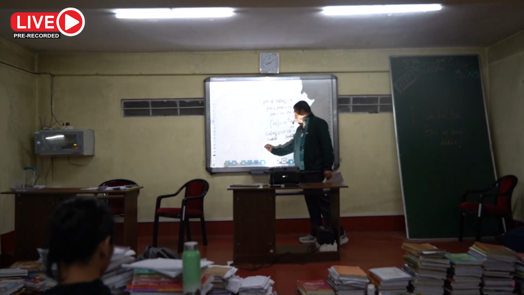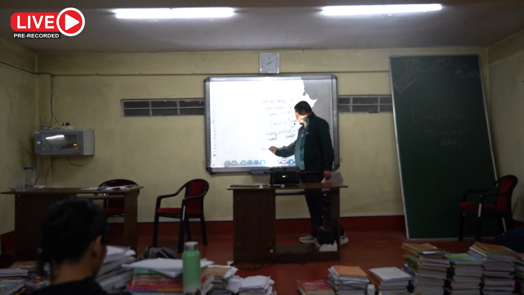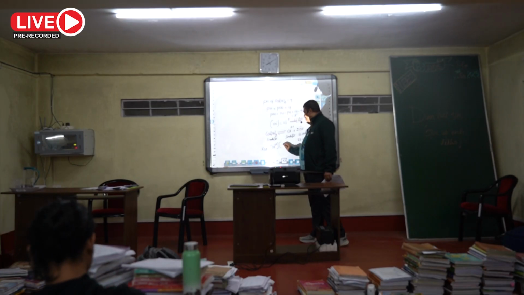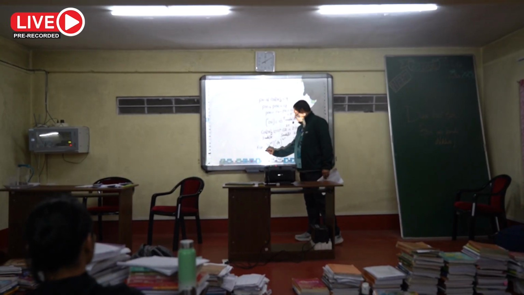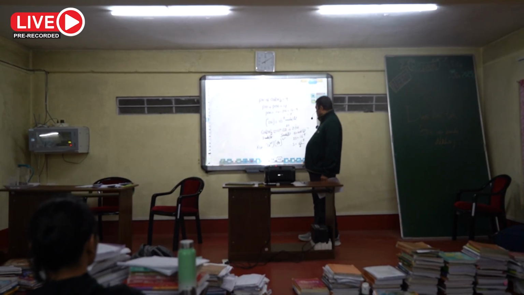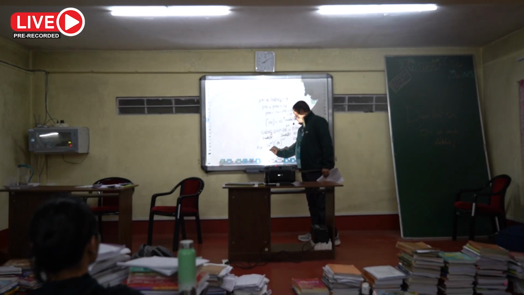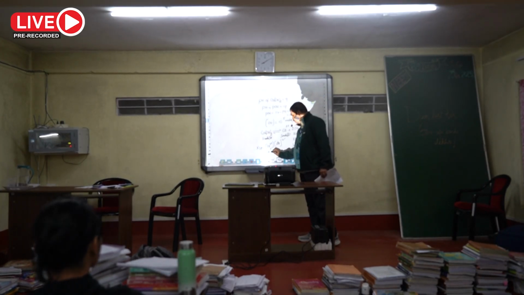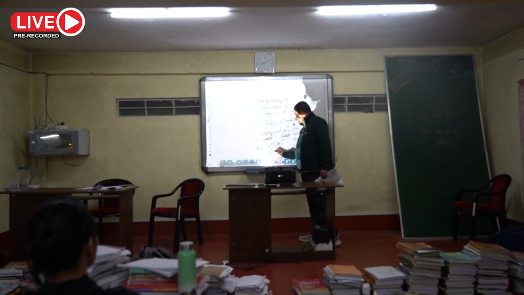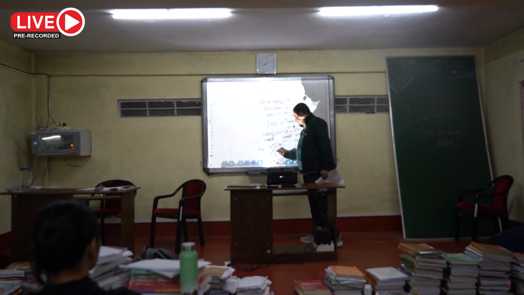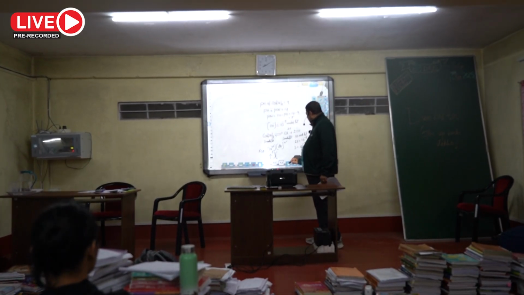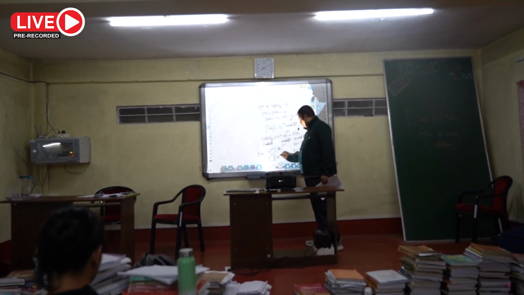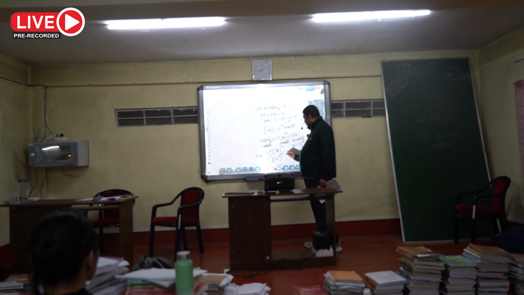Now Ksp is equal to the calcium ion concentration into the hydroxide ion concentration whole square. Calcium ion concentration is S only, means 10 power minus 5 by 2, into the OH minus concentration, which is 10 power minus 5, whole square.